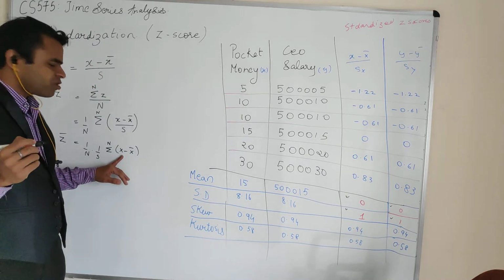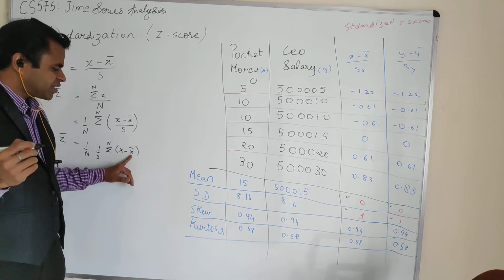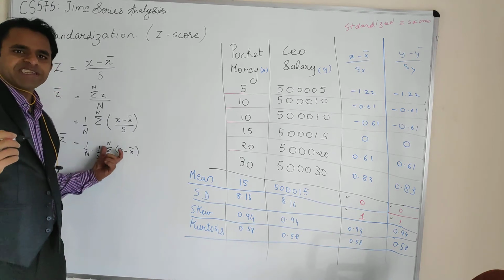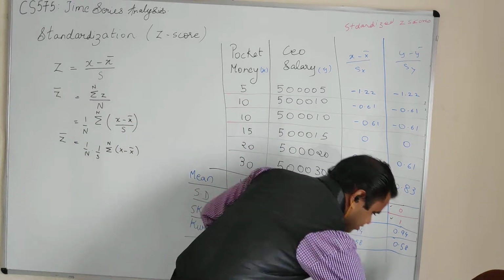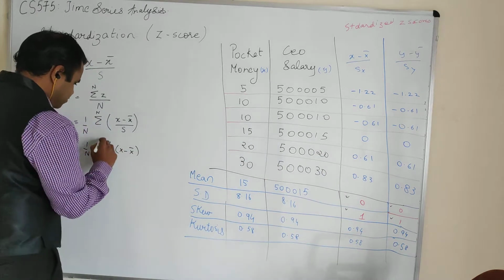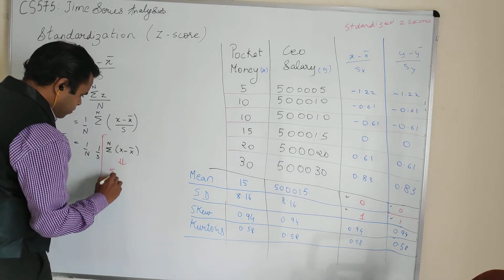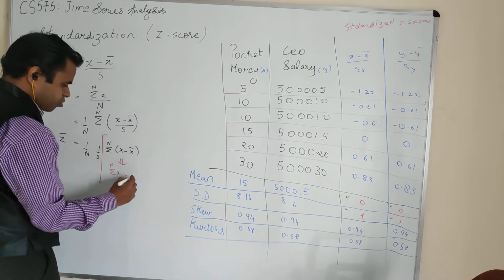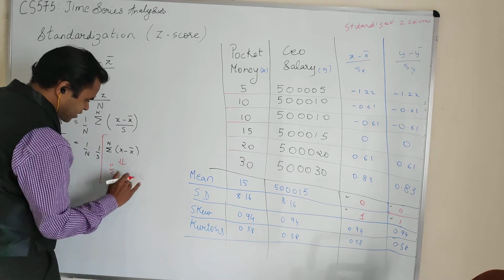Now if you remember what we are doing here, we are taking every value and subtracting the mean from it. You know that this particular expression leads to 0. Once again, if you want to see the proof, here it is. When I expand this bracket, it becomes the summation of all the values minus, because the mean is constant, n times the mean.